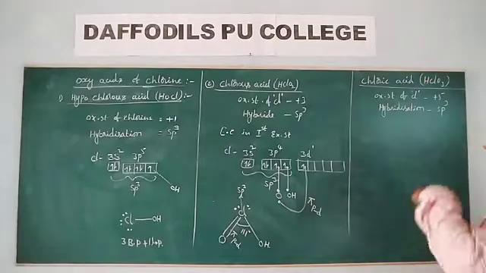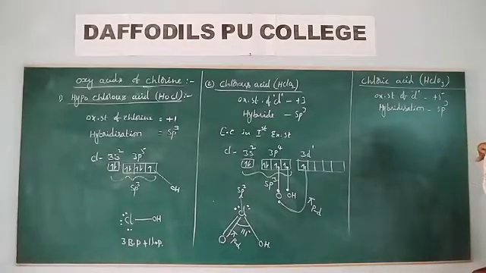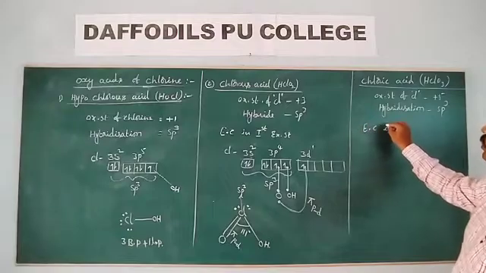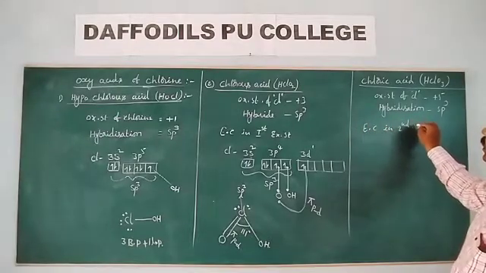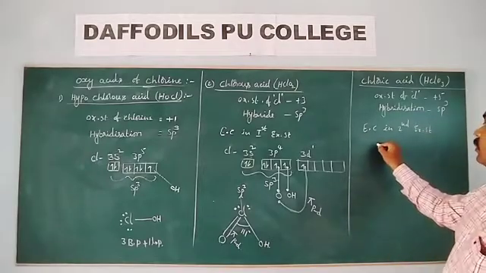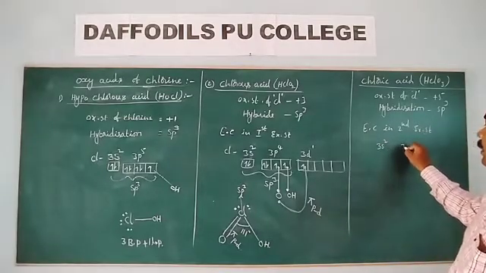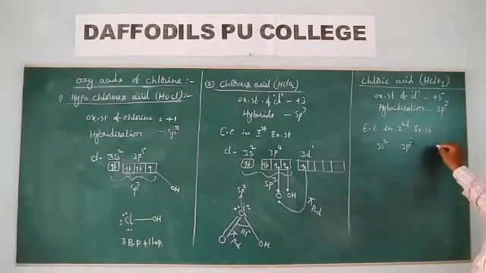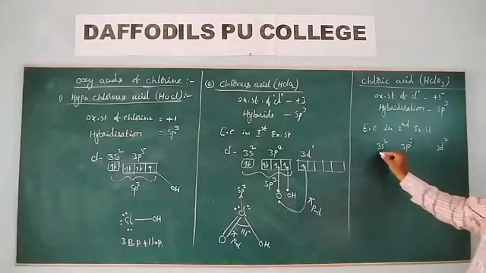This chloric acid is formed in the second excited state of chlorine. Electronic configuration in the second excited state: 3s2, 3p3, 3d2.